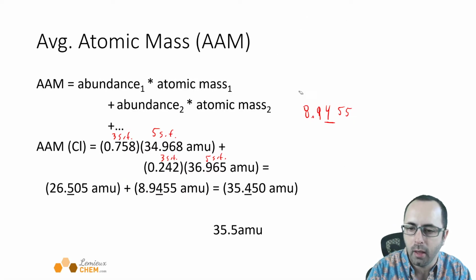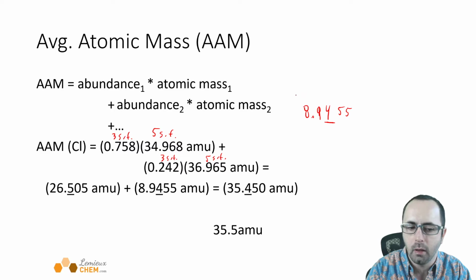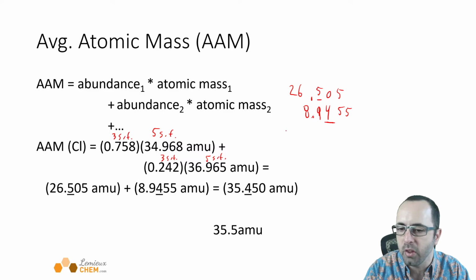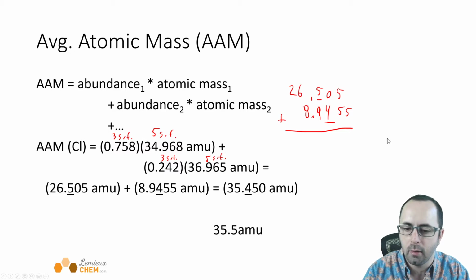We don't need all the extra digits, but I can keep a couple. So it's going to be 26.5, and that's the last sig fig, 0.5. Now these ones I wrote them, but they're not significant because we were keeping track of which ones were significant and which ones weren't.